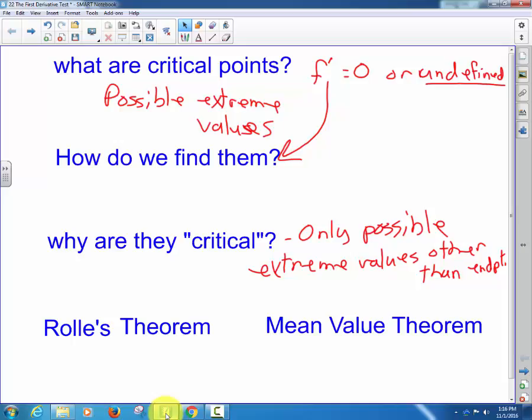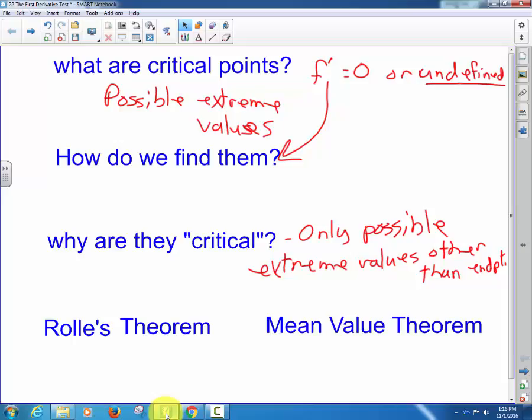So when we talk about relative max and mins, relative maxes and mins are the highest or lowest points in the area. Now that's a very vague term, but as we go through it today, you'll understand. When you're looking for a relative max or relative min, you're looking for the highest or lowest point in the area.